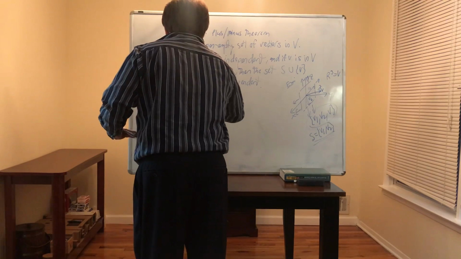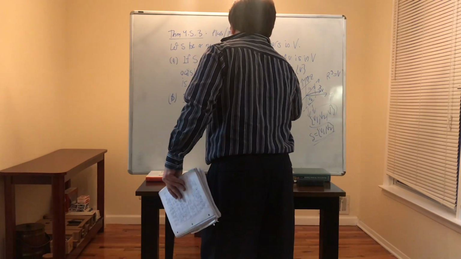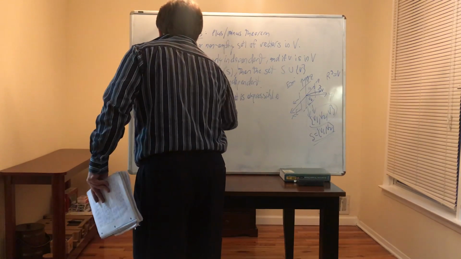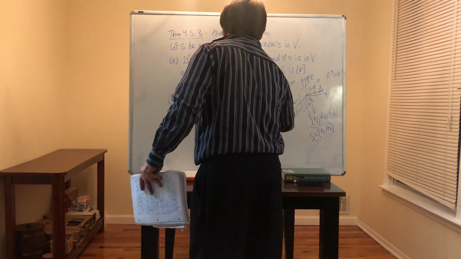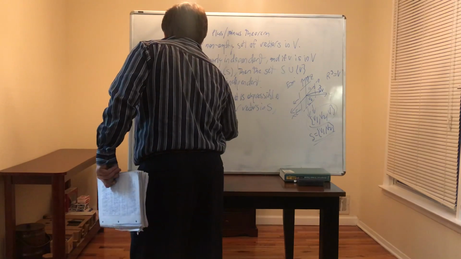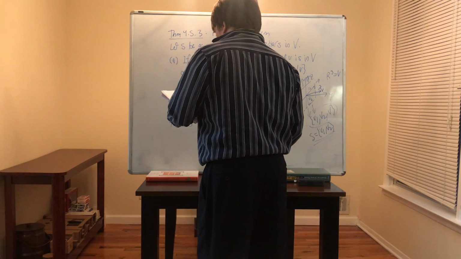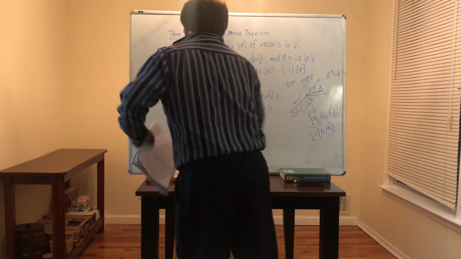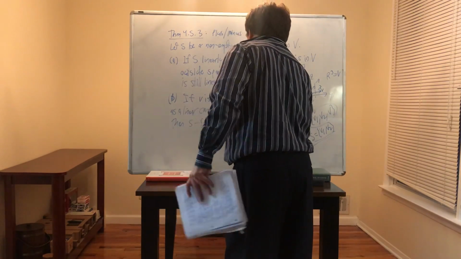Part B. If little v is a vector in set S that is expressible as a linear combination of the other vectors in S, then the set S minus the set containing v and S span the same space.